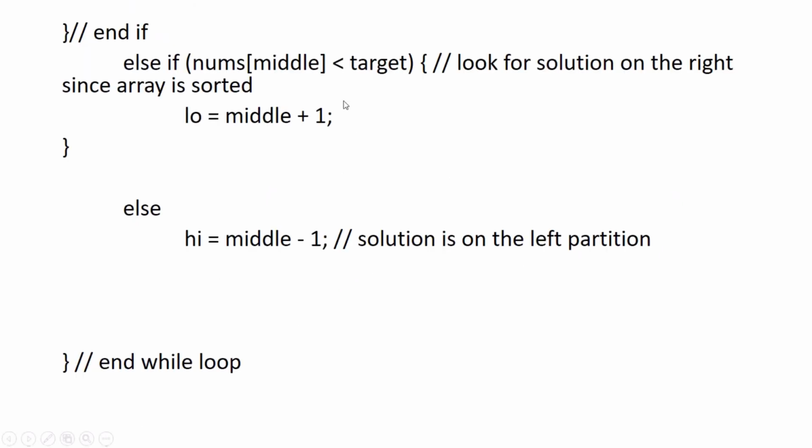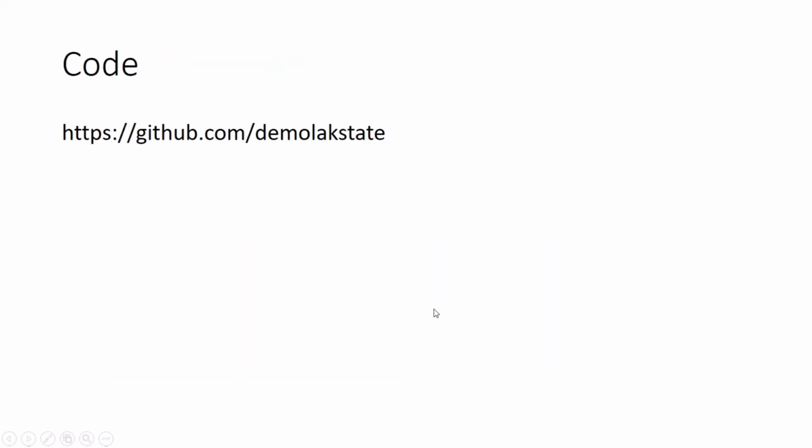So that is exactly what we do for this part and for the other part. If we see that the middle is greater than the target, we just shift our high down towards the low part, because the middle is greater than the target. So we check the lower part, and that's just it. You can go through the code on my GitHub page.